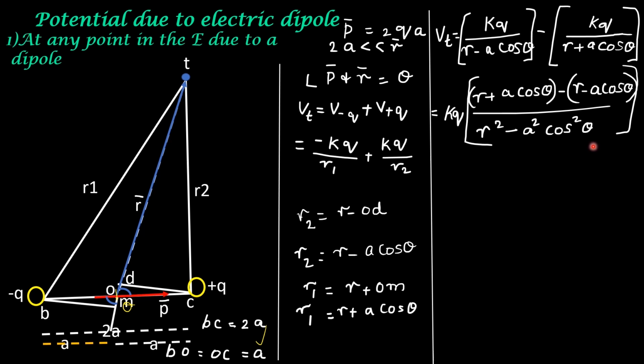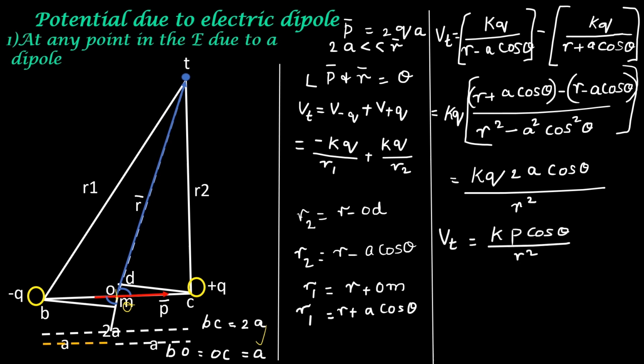So for potential at T, Vt, the equation becomes kq into 2a cos theta by r square. Q into 2a is equal to 2qa, which is nothing but the dipole moment P. So electric potential due to dipole becomes Vt is equal to K P cos theta by r square.